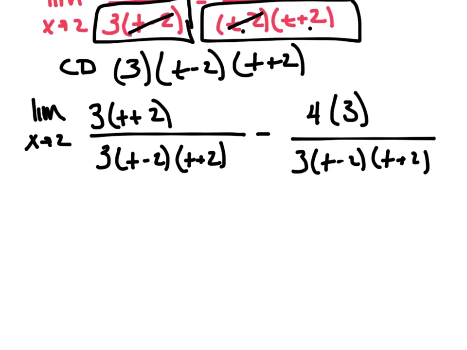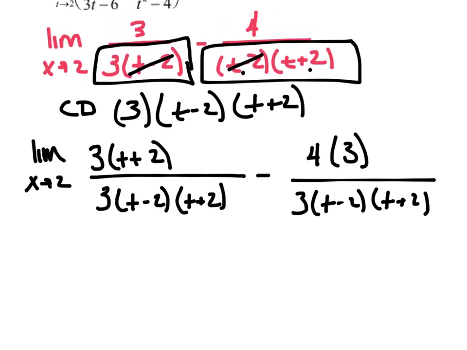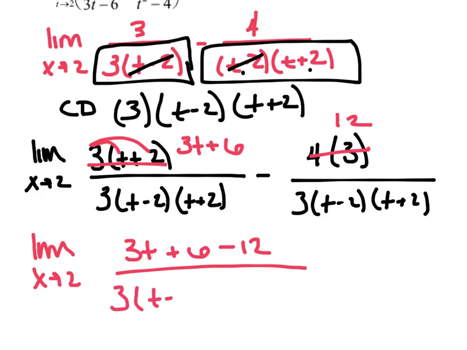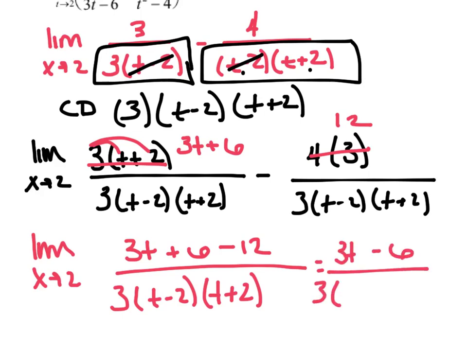So as I clean this up, whoops, that t looks goofy there. I'm going to get the limit as x approaches 2. I'm just going to clean this one up right here. This is 3t plus 6, if I distribute that. And this is just 12. So I'm going to say I get 3t plus 6 minus 12 all over that common denominator, which of course is 3t minus 6.